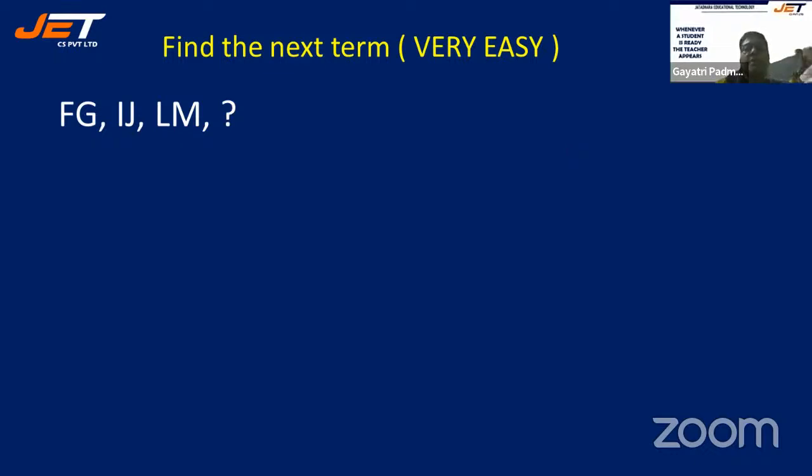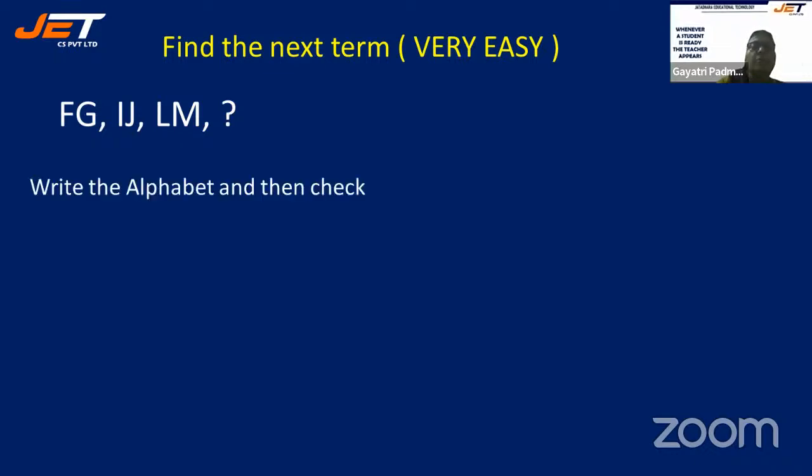Before attending such questions, what we need to do is jot down the alphabets A to Z, that is A, B, C, D, E, F, G, H till Z. And simultaneously in the next line, or after leaving some space in your rough work column, you have to write the alphabets in reverse order, that is Z, Y, X, W, V, U, T, S, R, Q, P, O, N, M, L, K, J, I, H, G, F, E, D, C, B, A. So the reverse order you should write so that you can find out the next term very easily.